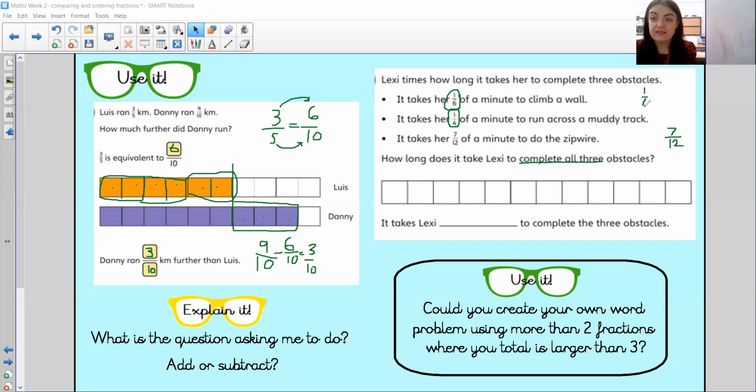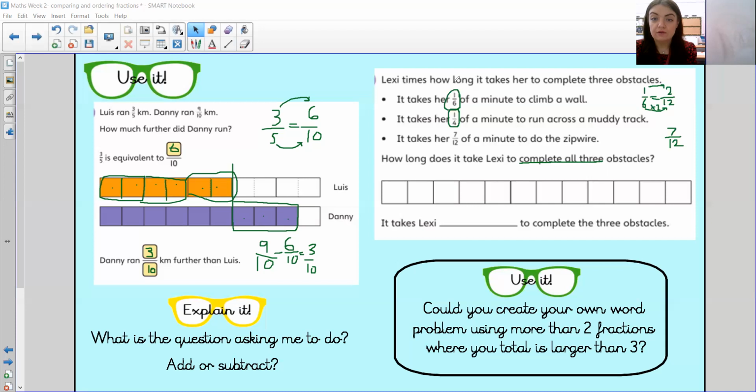So let's start with 1/6. I know that I want my denominator to be in 12ths. That's going to help me to find that relationship and see that pattern. I've got more parts, so I know I'm going to be timesing, but how many times more parts have I got? 2, because 6 times 2 is 12. Whatever you do to the bottom, you do to the top.